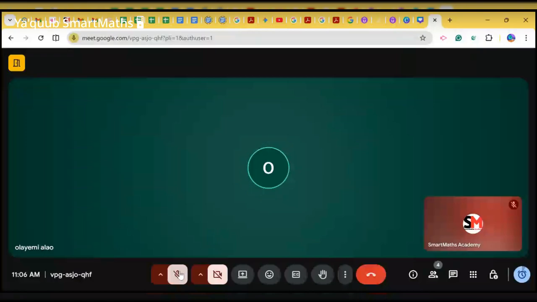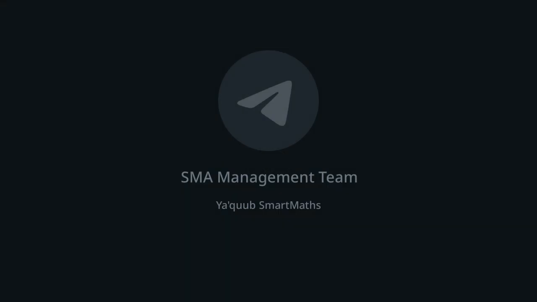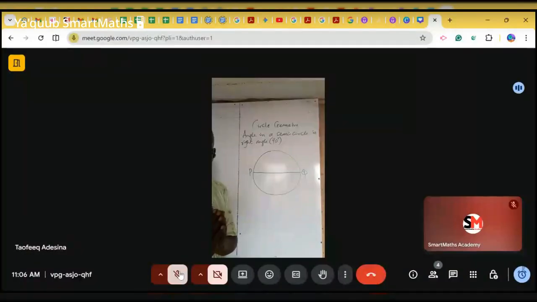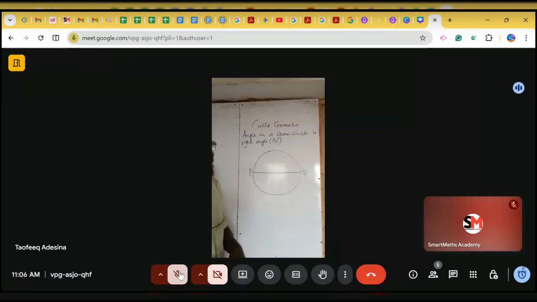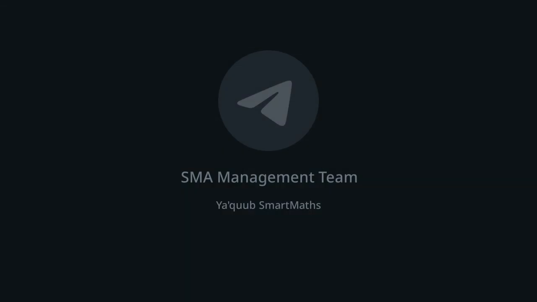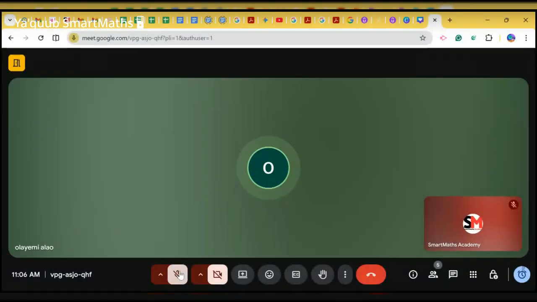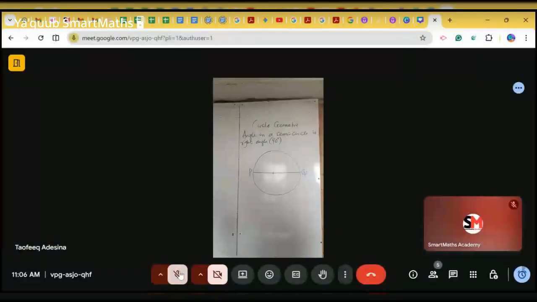Whenever a line like this is drawn in a circle, and it is not stated that PQ is a diameter, don't assume it's a diameter until the center is indicated. So that means it's just a chord. Are you getting me now? Yes, sir. Don't assume it's a diameter.